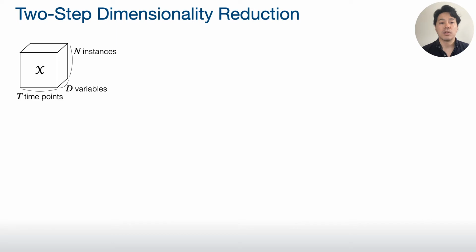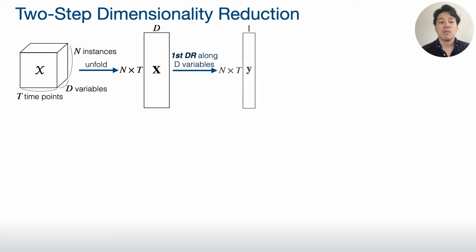Here, we have a tensor of t time points, n instances, and d variables. We first apply tensor unfolding, which reshapes the input tensor to a matrix of n times t rows and d columns by arranging vectors obtained from slicing along both the time and instance axes. Then, we apply dimensionality reduction to the obtained matrix to reduce d columns to one column.